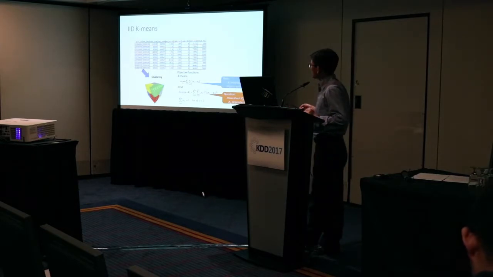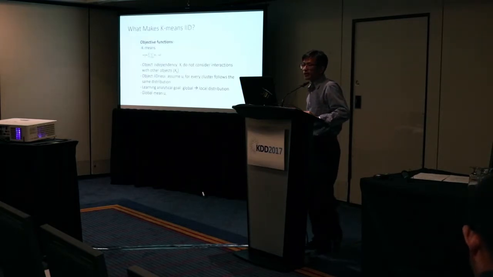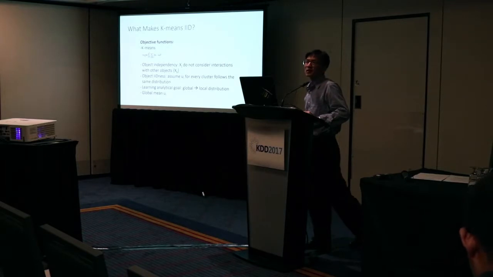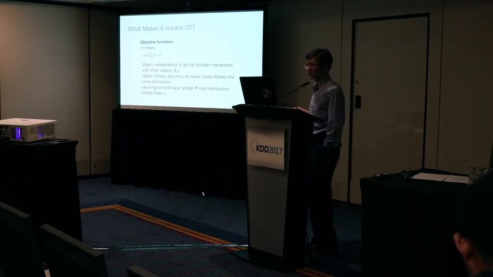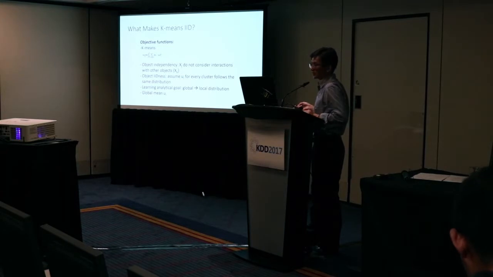And similarly, there is a problem and an assumption there, right? So let's look at why the basic k-means is IID. I explain a little bit: xj does not consider interaction with all other objects in the objective function, so we have basically adopted the IIDness assumption.